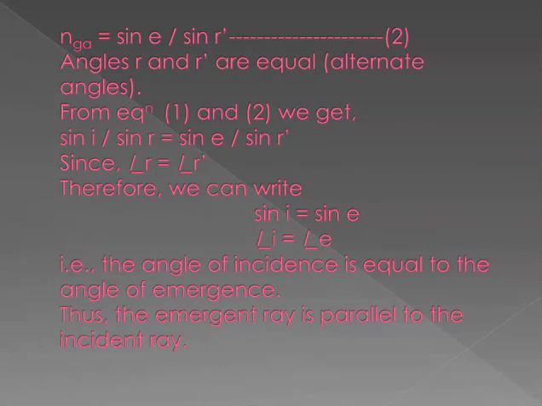So nAG is equal to sin E by sin R dash. Now from equations 1 and 2 we get sin I by sin R is equal to sin E by sin R dash. Since angle R is equal to angle R dash, we can cancel them, so sin I is equal to sin E, so angle I is equal to angle E. That is, angle of incidence is equal to angle of emergence. Thus, the emergent ray is parallel to the incident ray.